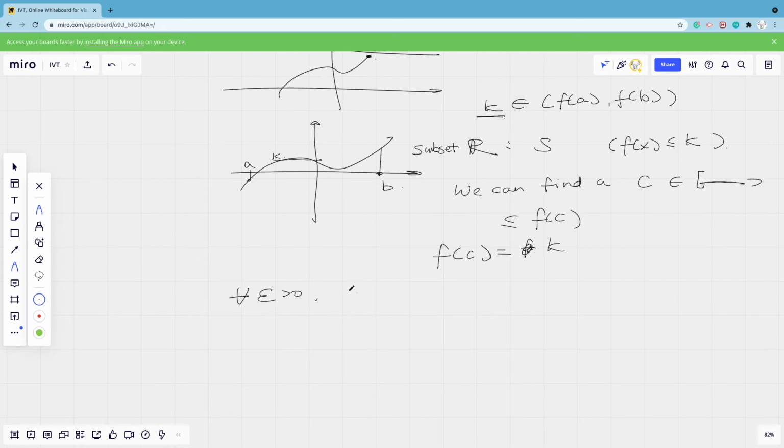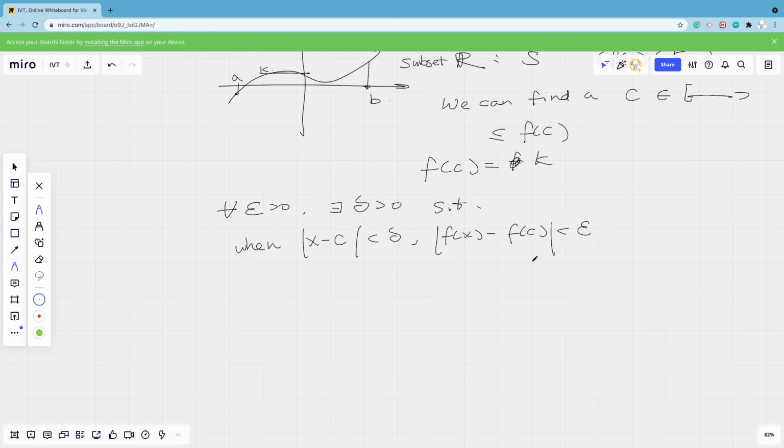there exists a delta bigger than 0 such that when |x minus c| is smaller than this delta, |f(x) minus f(c)| is also smaller than this epsilon.